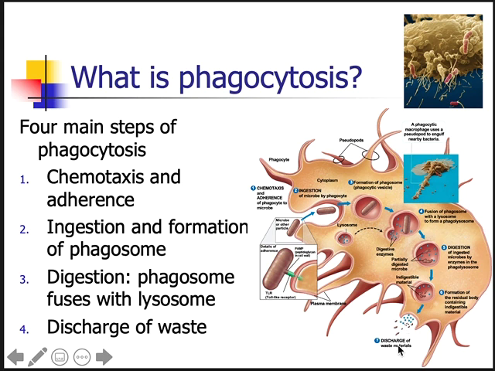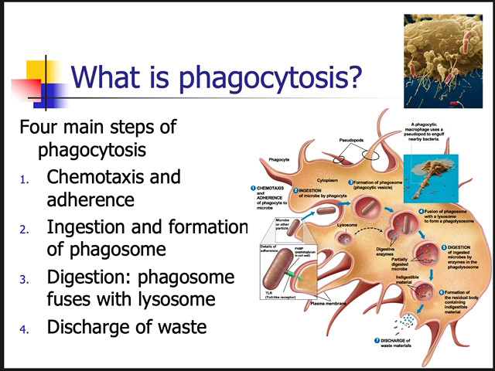Okay, so discharge of waste materials is super, super small, and this will just get carried away in your interstitial fluid. That will then become part of the lymph or go directly back into the blood, and then your kidneys will filter that out, and then you're done.